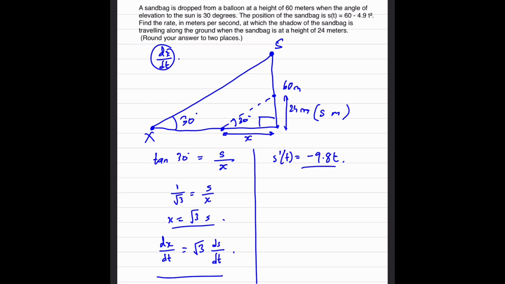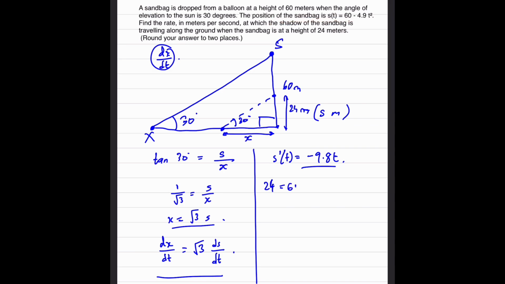Now, if you want ds by dt at the height of 24 meters, we need the t value at the height of 24 meters. So substitute into this, then we can substitute here to get dx by dt. So s of t is 60 minus 4.9 t squared. So that will be 24 because that is the height over here. That's the position of the sandbag.